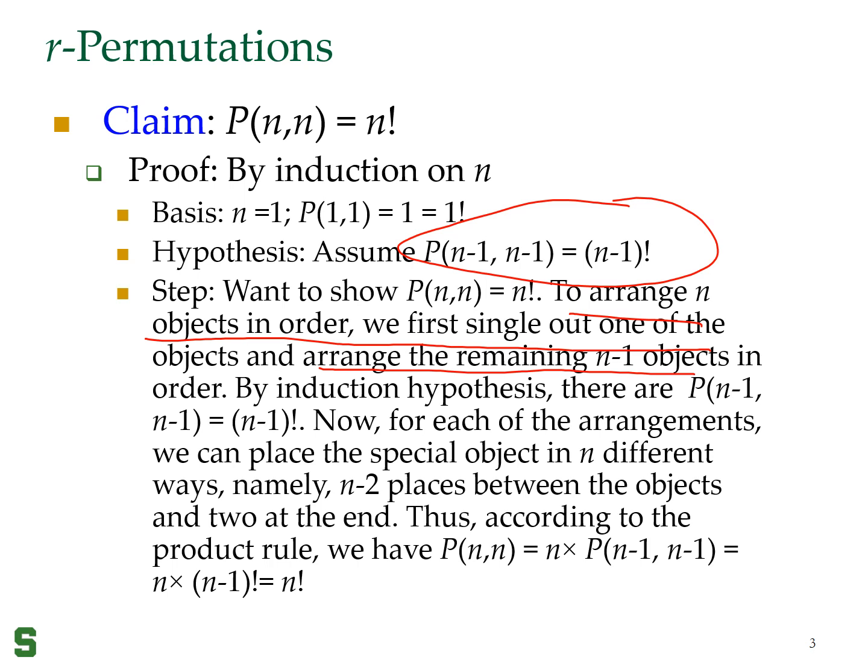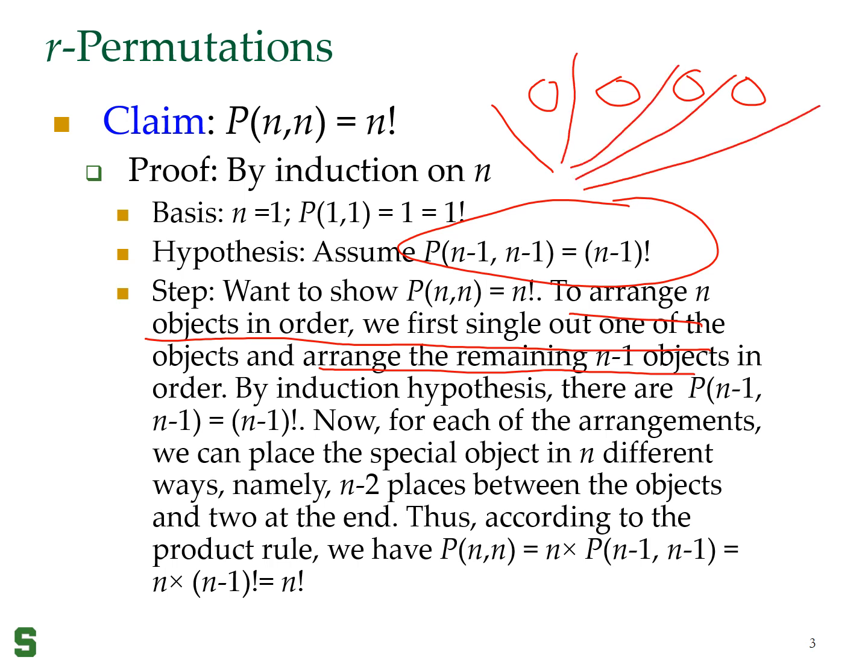So let's say I had this as my ordering of n minus 1 objects, the object that I kept aside, where can I put it? I can put it either here, here, here, here, or here.